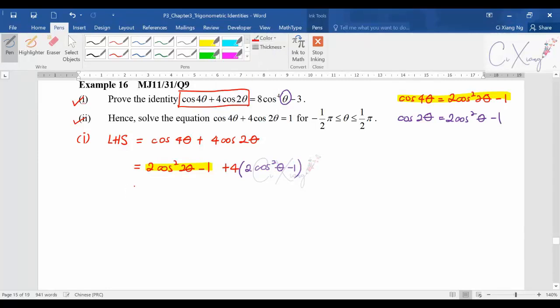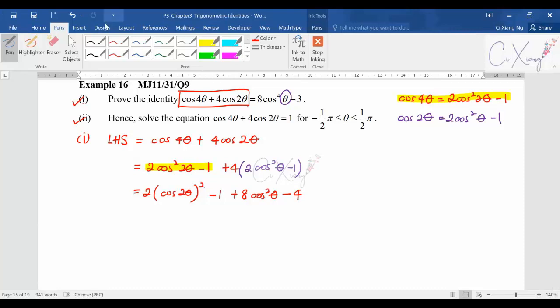Then you can expand and simplify it first. So you have cos square 2 theta, which I prefer to write as cos 2 theta all squared, minus 1, plus 8 cos square theta minus 4.